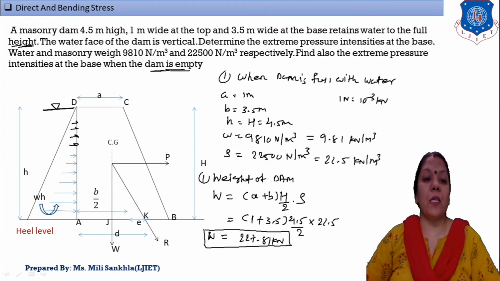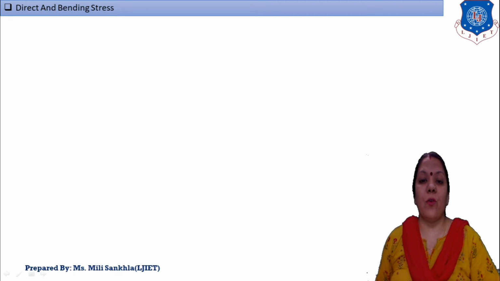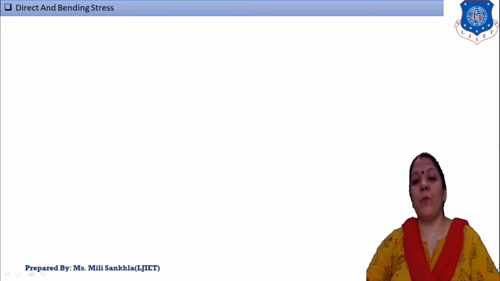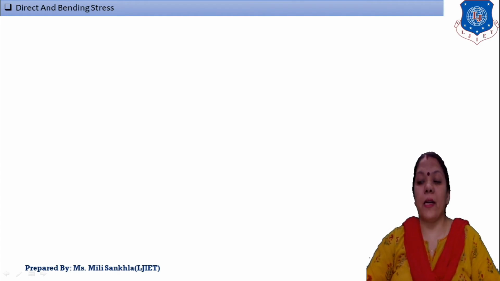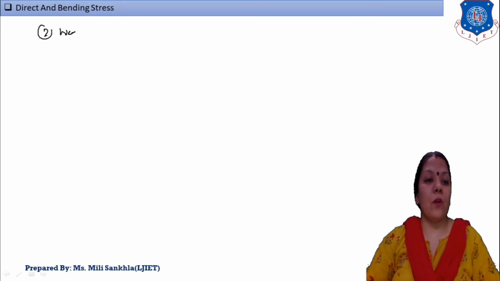This is the side section of dam. Okay, this is the water storage and this is our RCC construction. Now next we find out water pressure, second step of dam. The equation of water pressure is P equal to 1/2 small w h square.